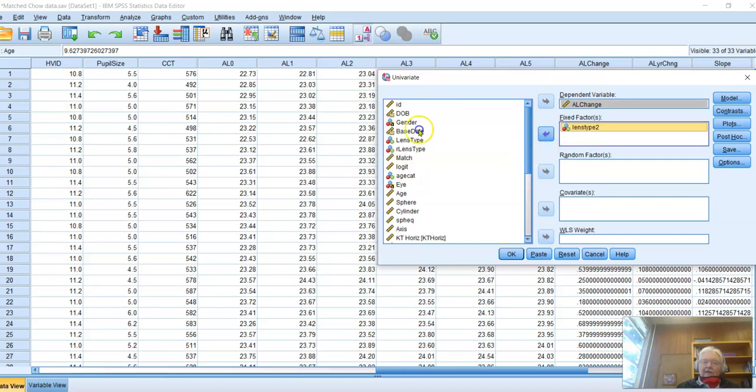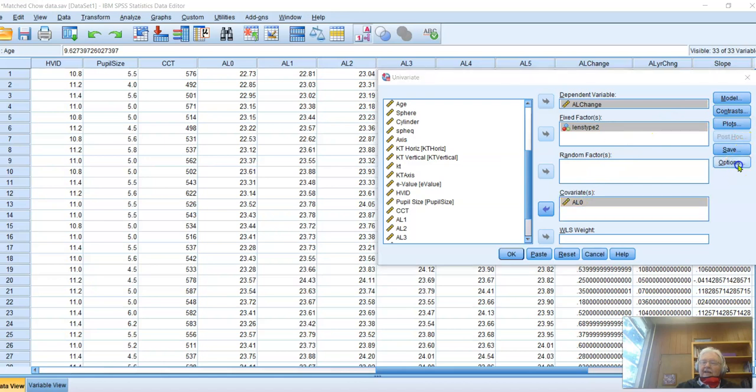But now we need a covariate, and the covariate is axial length 0. Even though axial length 0 is within this change variable, because this is axial length at 5 minus axial length at baseline, the change score does not make the adjustment for differences at baseline. It's this additional difference. So these two can still be correlated, and you want to eliminate that correlation, and you do that by adding the covariate.